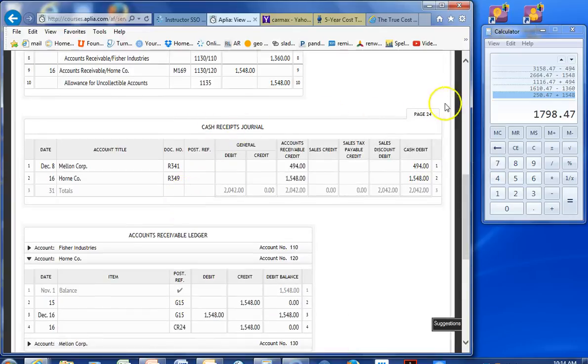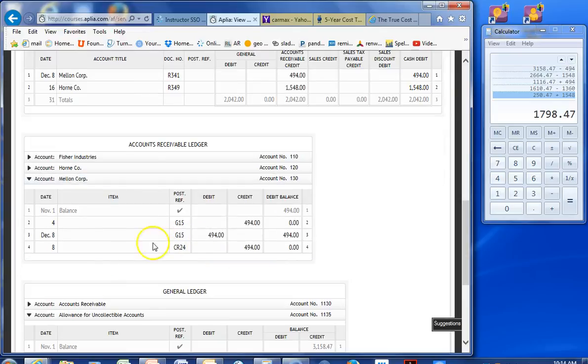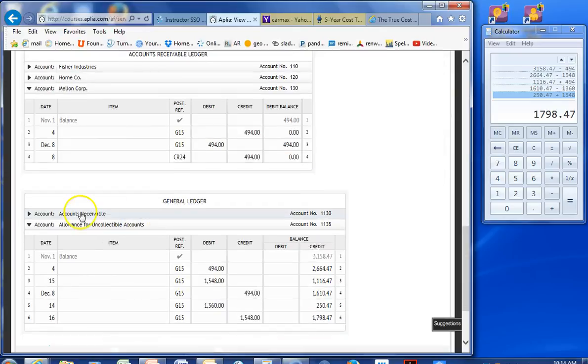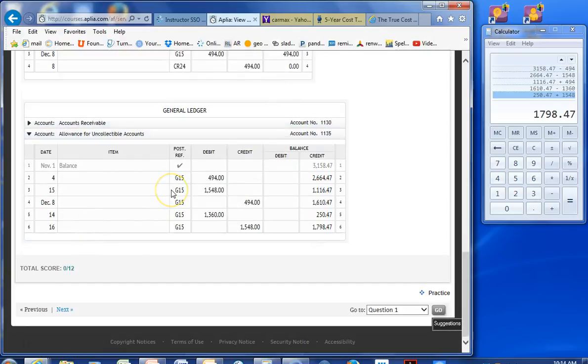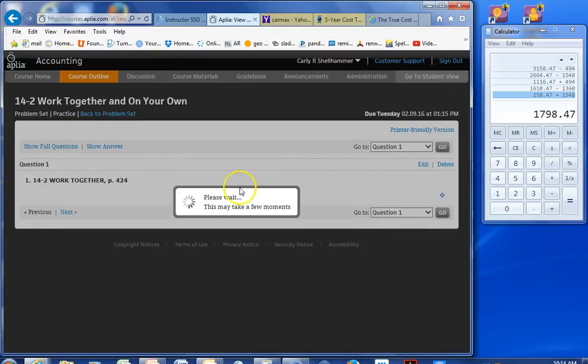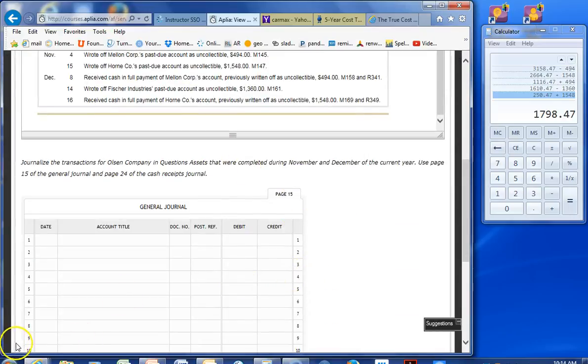CR24 is our cash receipts journal, page 24. Right there. Mellon, same thing. Then we did our accounts receivable, and then our allowance for. I think it's good. All done. Okay. Can't show you that it's right, but I'm pretty sure.